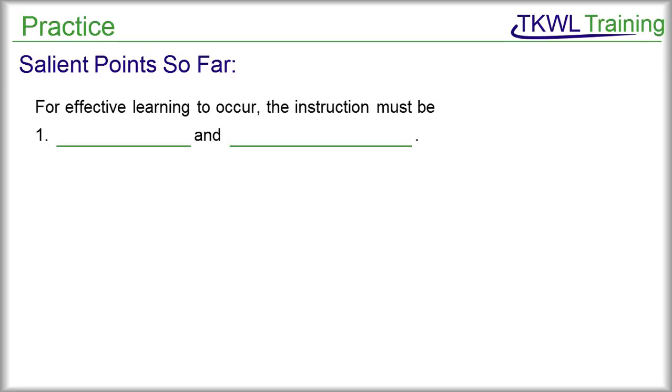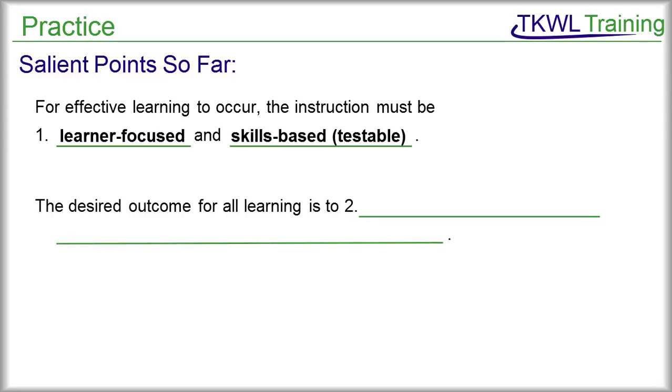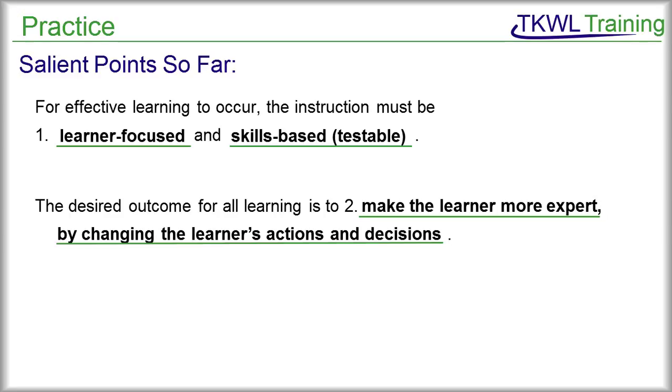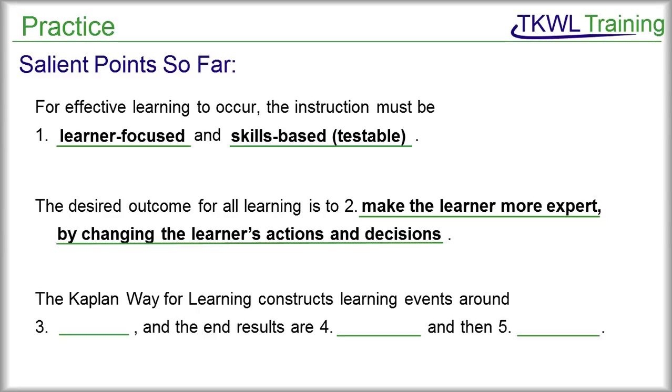By way of review, what are the 2 necessary conditions of effective learning? It's focused on the learner, and it's always about how to do something. And what about the outcome? We're always looking for change, making sure that the student becomes progressively more expert.